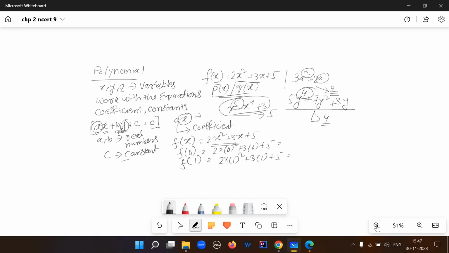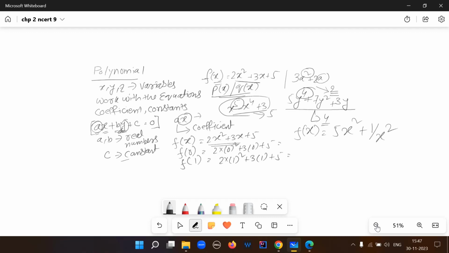This is a function and you get values by putting in values of x. Now, these questions may come in your exams: if any equation is given, suppose f(x) equals 5x square plus 1 by x.